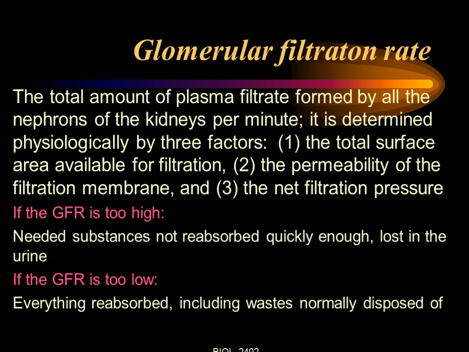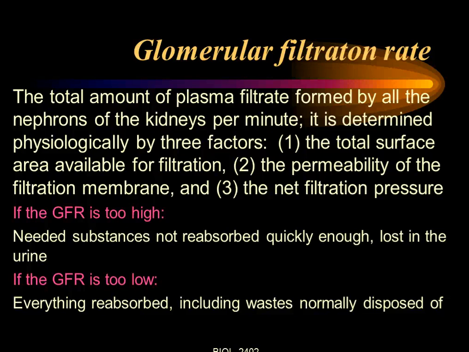Okay, so let me go on. Important definition for glomerular filtration rate: amount of plasma formed by all the nephrons per minute based on surface area. In other words, how many nephrons, if they are functional, if they're damaged, that sort of stuff.